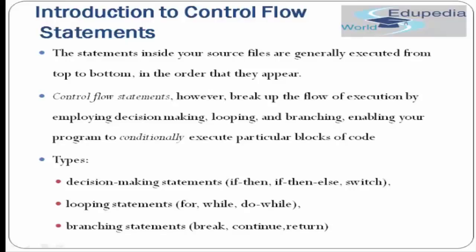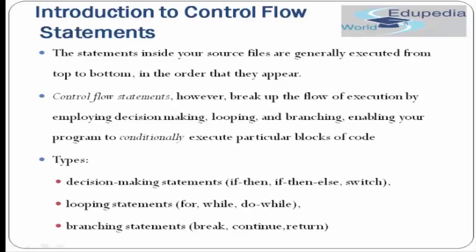Now, we have three types of control flow statements. First is the decision-making statements, which include if-then-else and switch case statements. Then we have looping statements, which include for, while, and do-while loops. Then we have branching statements that include break, continue, and return.